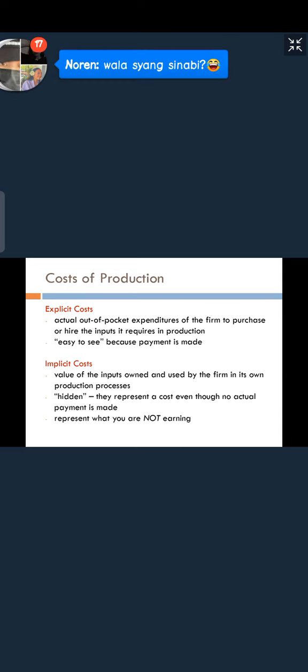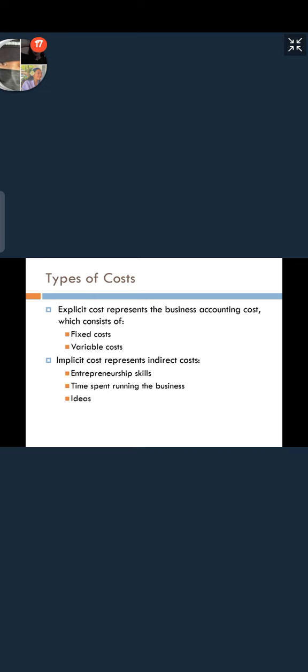To make it clearer, I will give you an example. Explicit costs are easy to see because payment is made. They represent the business accounting costs, which consist of your fixed and variable costs. Therefore, your variable cost and fixed cost are under explicit costs.